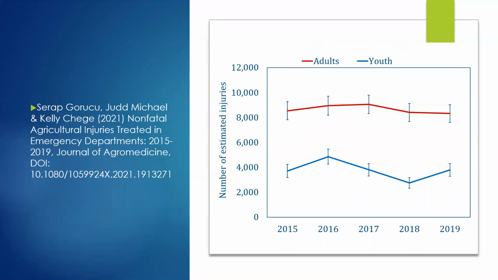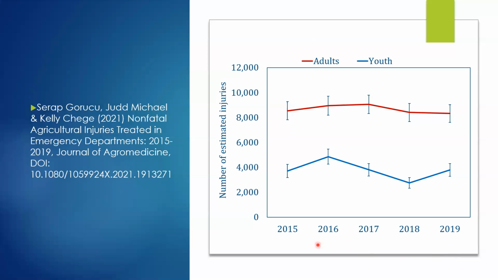Our purpose for this presentation was to present our methodology for extracting agriculture-related cases from publicly available NEISS data. We published our findings in the Journal of Agromedicine. Here, I would like to summarize some of the major findings from this work. From 2015 to 2019, an estimated more than 62,000 people were treated in an emergency department for agricultural-related injuries.